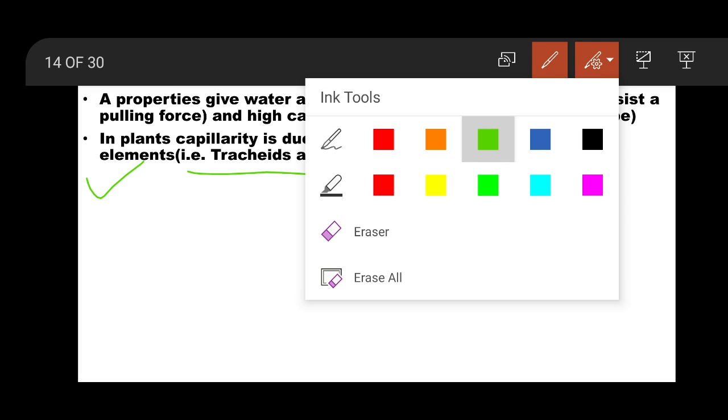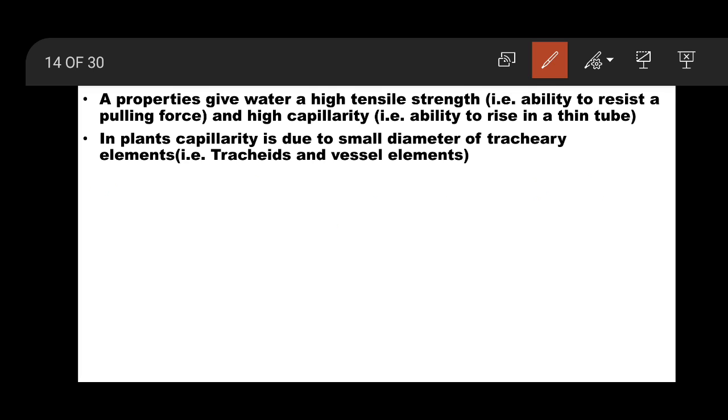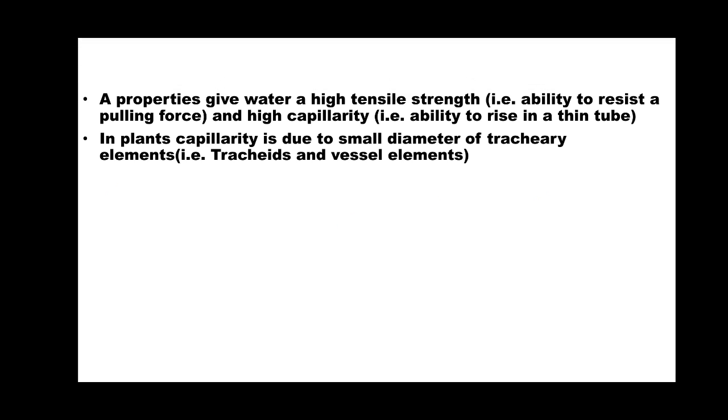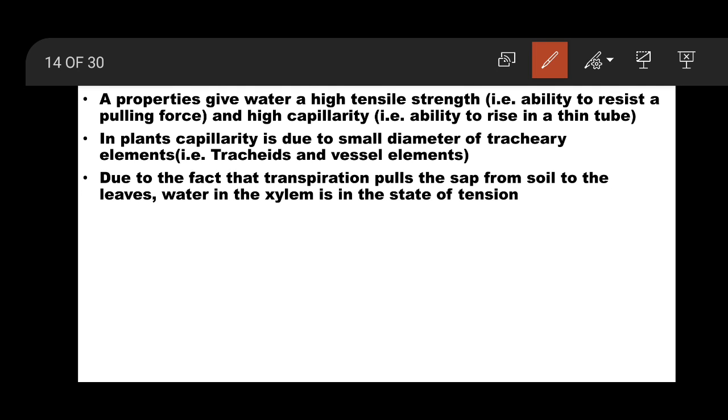So water rises like in a capillary and moves in an upward direction. Transpiration acts as a driving force and pulls the sap from the soil to the leaves.